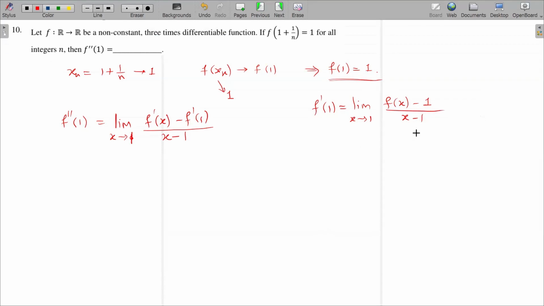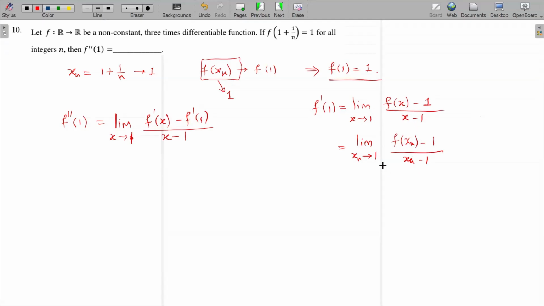Actually, f dash 1 can be calculated. We have enough information. We have f of xn. So can I write this as limit xn tends to 1, for any xn, of f of xn minus 1 upon xn minus 1? Is this okay? Yes, sir, because whenever the limit exists, the limit along every sequence is also equal to the main limit.